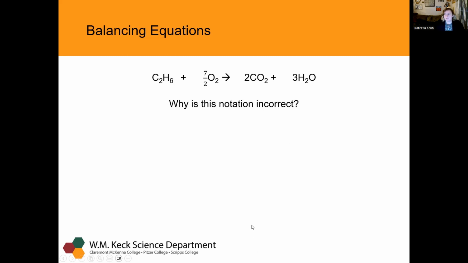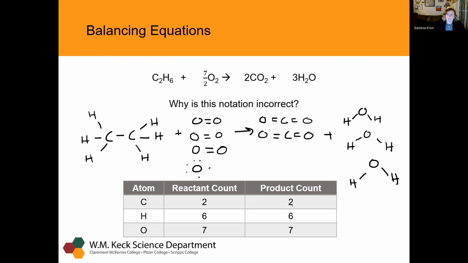Okay, so hopefully you took some time to think about this. When we look at this reaction, if you count the number of carbons and oxygens on each side, you can see that we actually do have a balanced number of atoms. We have 2 carbons present on each side of this reaction, 6 hydrogens present on both sides, and 7 oxygens present on one side.